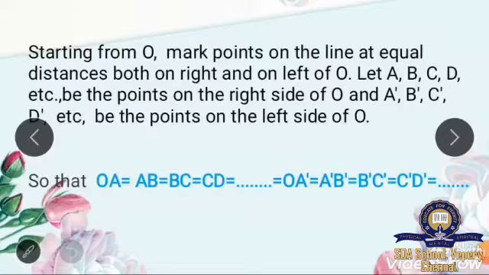be the points on the right side of O, and A dash, B dash, C dash, D dash, etc. be the points on the left side of O, so that OA is equal to AB is equal to BC. Likewise it goes on, which means these are all equal in their units.